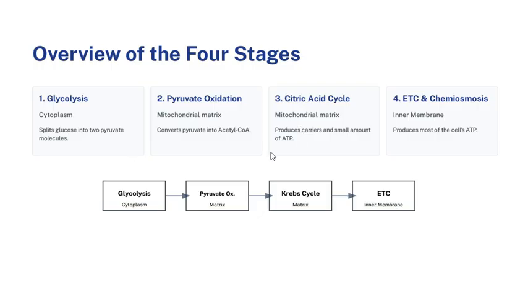All of these produce small amounts of ATP, but it doesn't produce a lot, except for the 4th one, the electron transport chain.